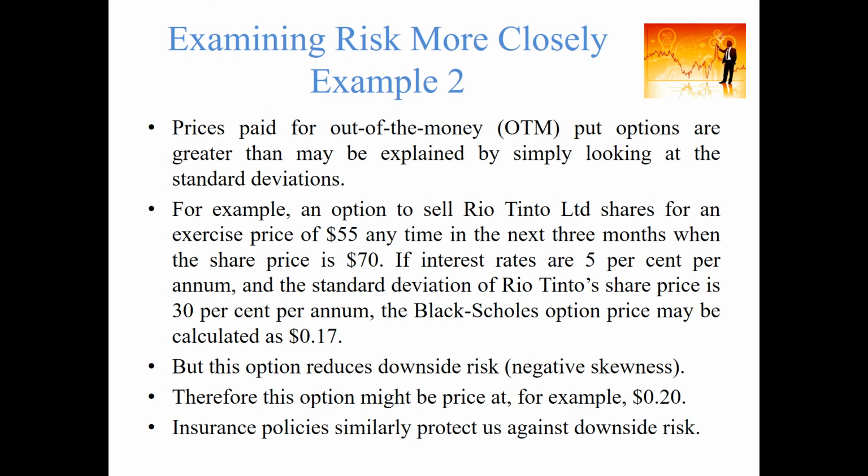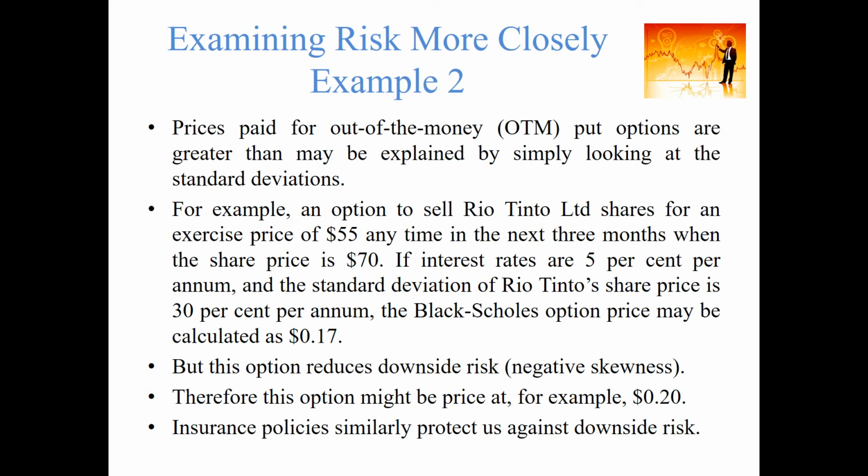And another example is the prices of out-of-the-money put options. You know that a put option is a right to sell. And when we buy a put option and lock the price, we will be able to sell a certain stock when the market price goes down. And ideally, the price of a put option should be determined by a theoretical model.